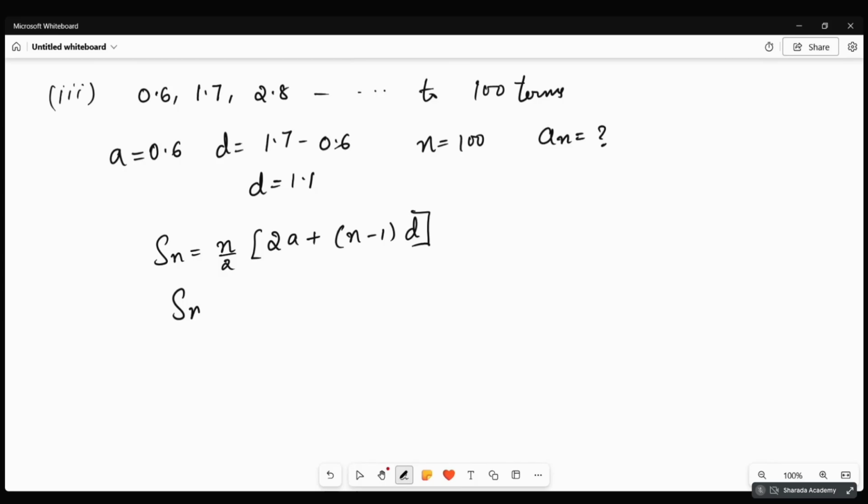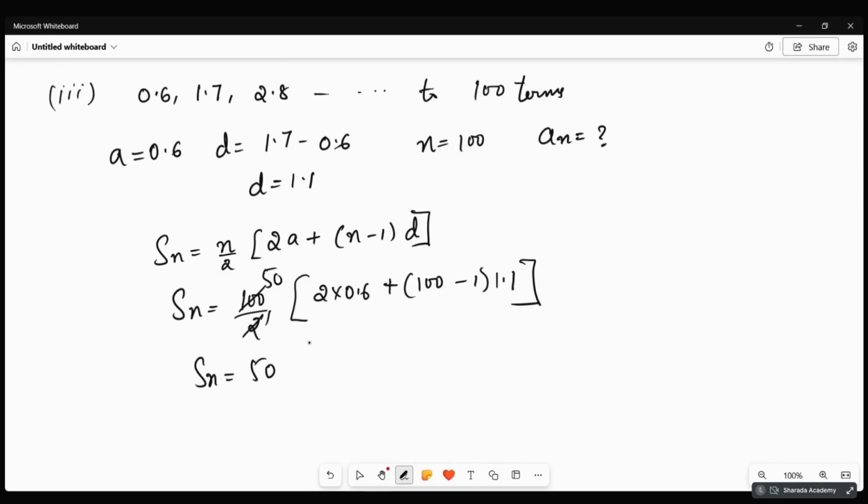So Sn will be equal to, what is n here? 100. 100 by 2 into 2 into 0.6 plus 100 minus 1 into 1.1. Sn is equal to 50 into 2 into 0.6, that is 1.2, plus 99 into 1.1.